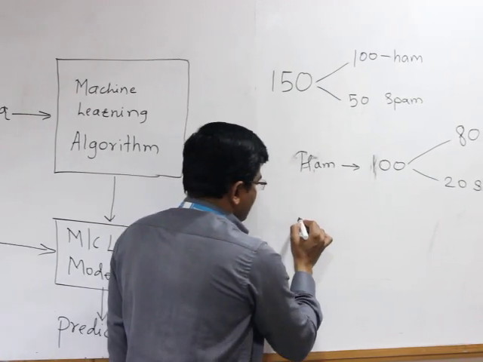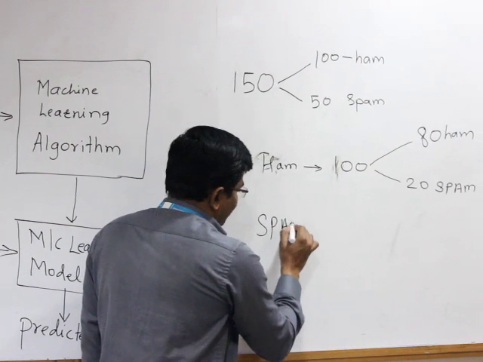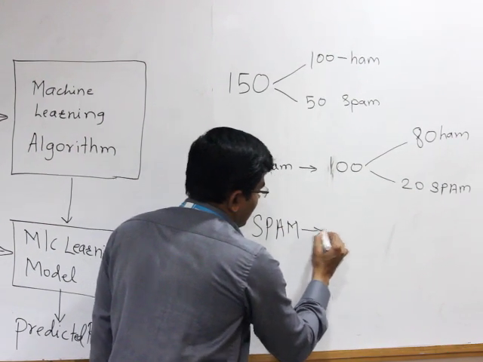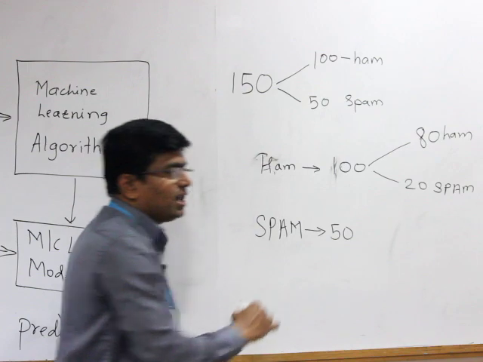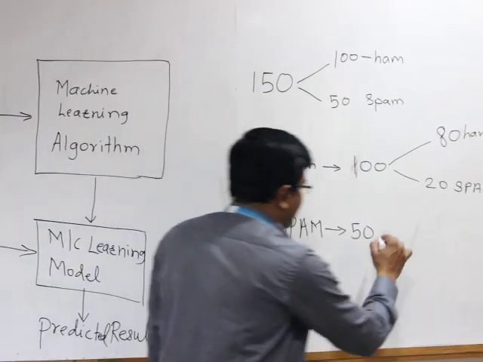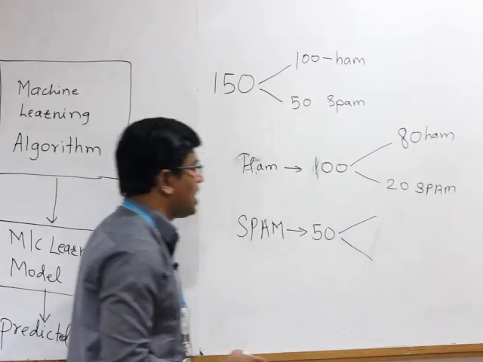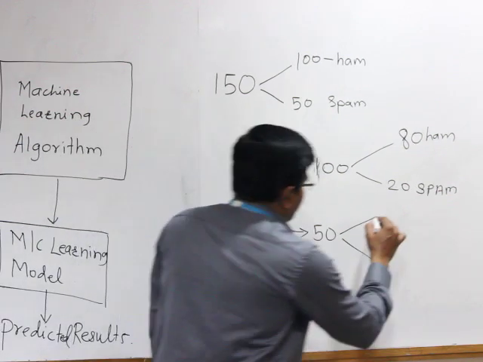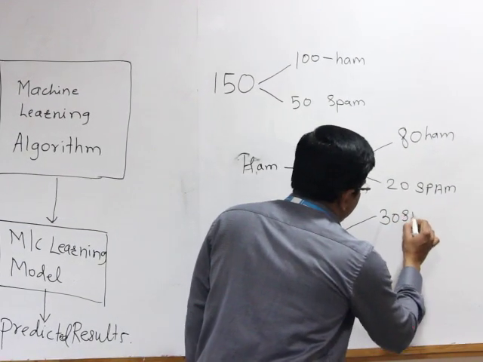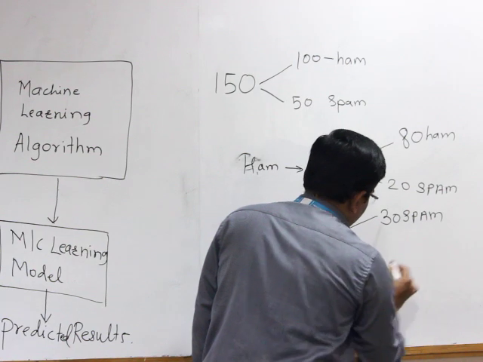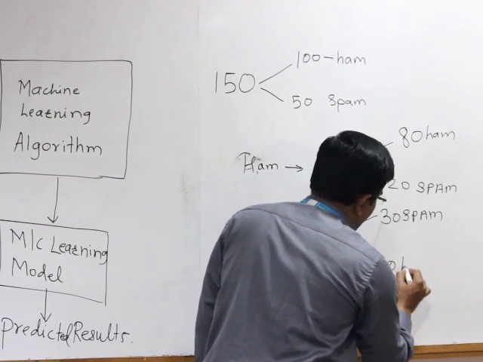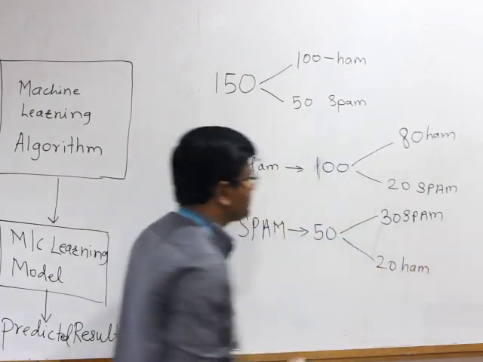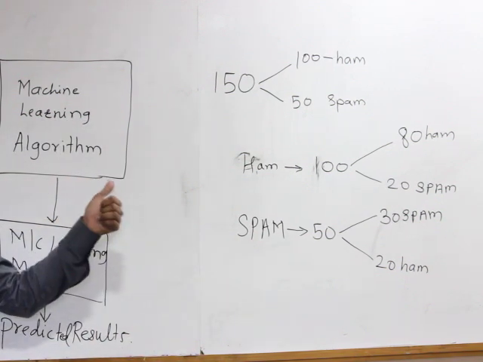Similarly, my classifier has predicted 50 emails as spam, but when I compared it with the actual data, I found that 30 are spam and 20 are ham. So these are the results of my classifier.